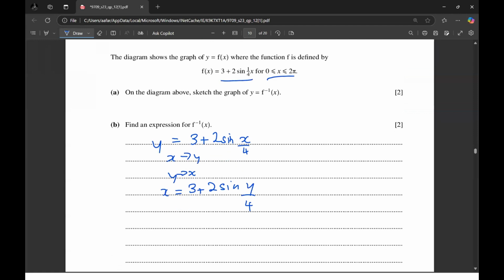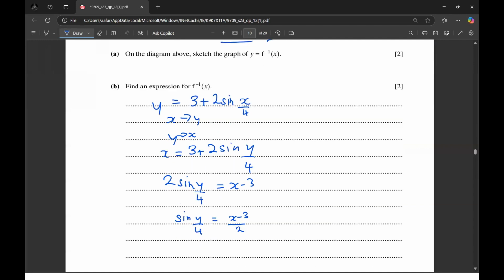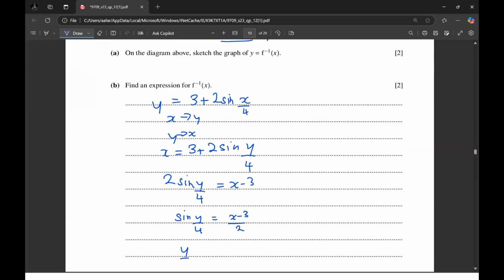And now we just make y the subject of the equation. So 2 sine y over 4 is equal to x minus 3, so sine y over 4 is x minus 3 over 2. So y over 4 becomes inverse sine of x minus 3 over 2. So y is 4 sine inverse of x minus 3 over 2. Now just put y as f inverse of x.